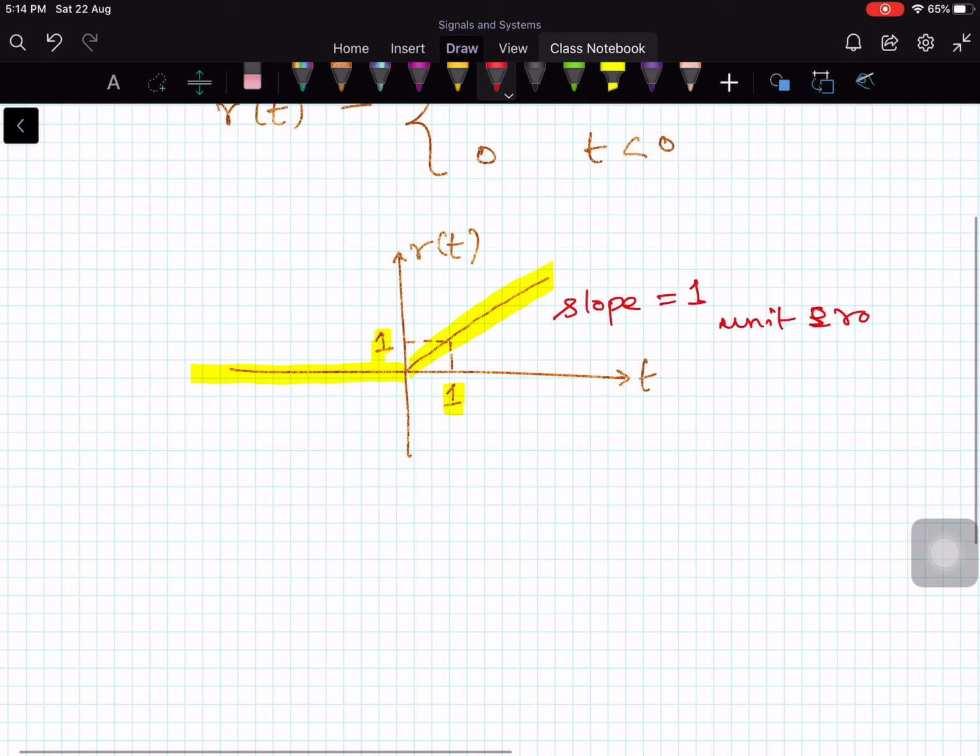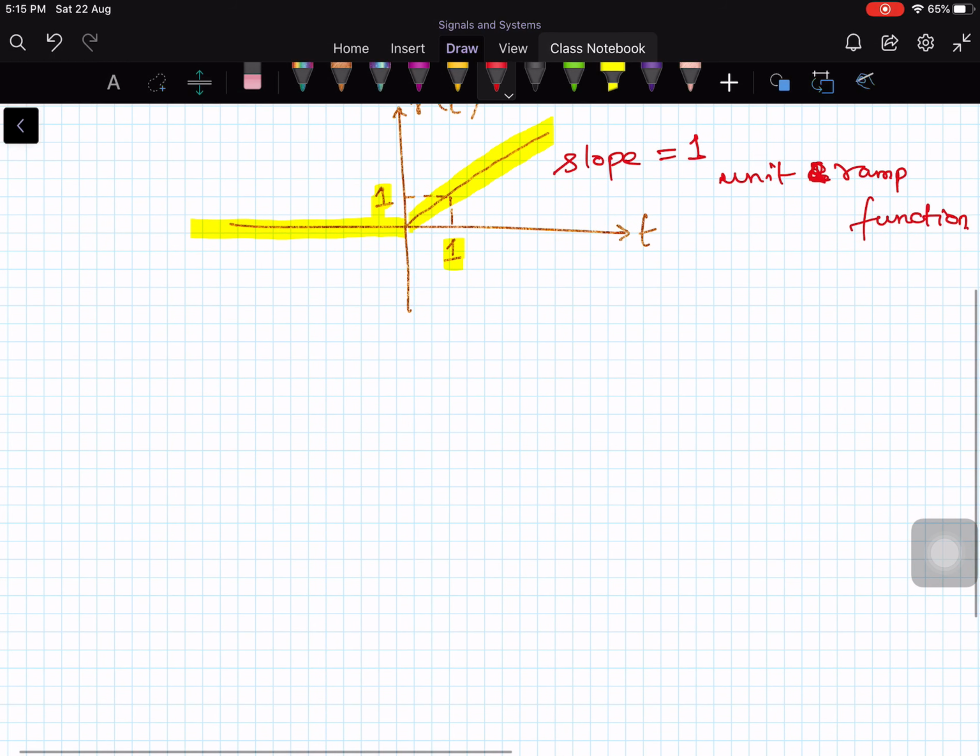It looks like a ramp and the slope is unity, so therefore it is unit ramp function. Now let me denote the slope within a bracket like this. So it rises by 1 unit, or unit amount.